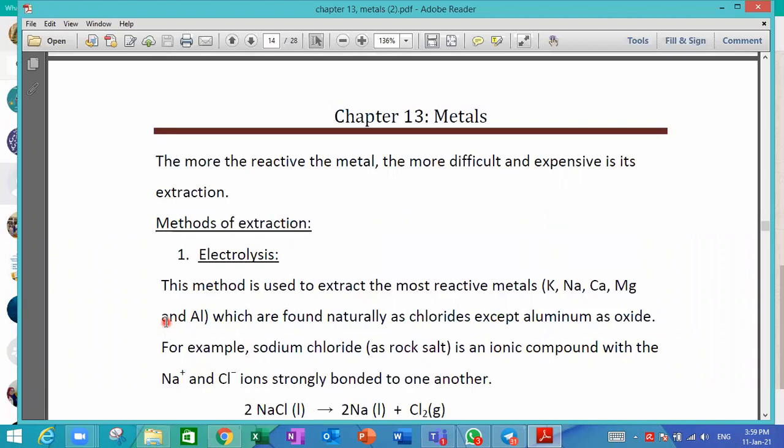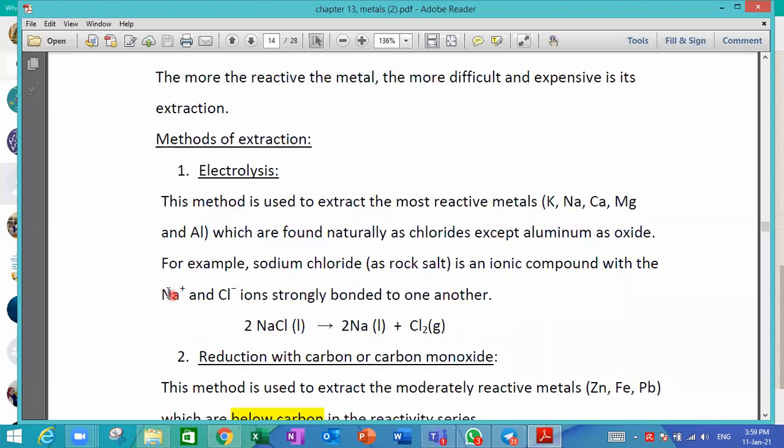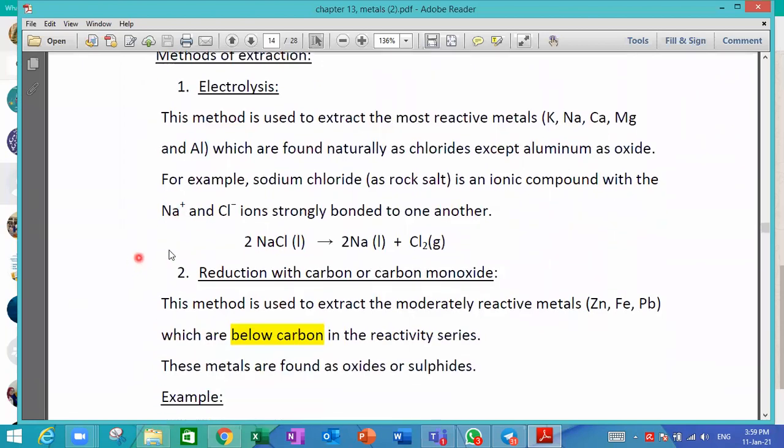As we said, the most reactive metals like sodium, like potassium, like magnesium, are in the form of chlorides and they are going to be extracted by electrolysis. If you remember, in electrolysis, we use two electrodes connected to a direct current supply, and we place these two electrodes in the molten salt, for example, sodium chloride.